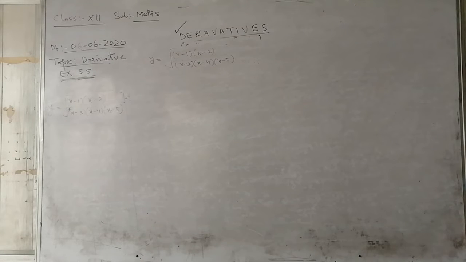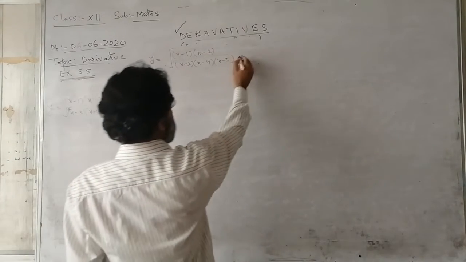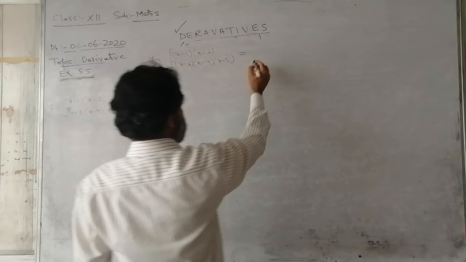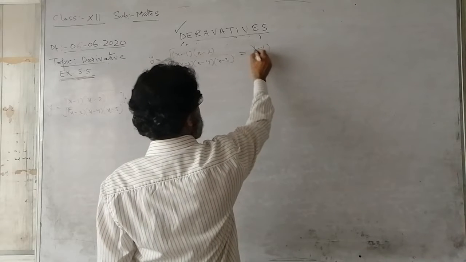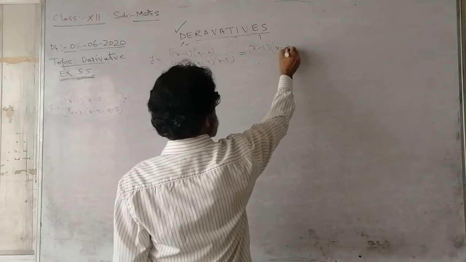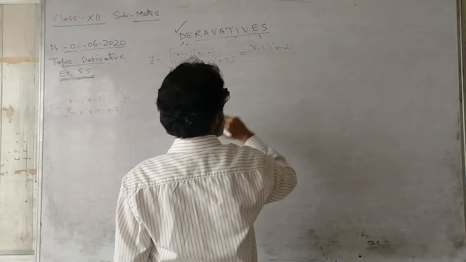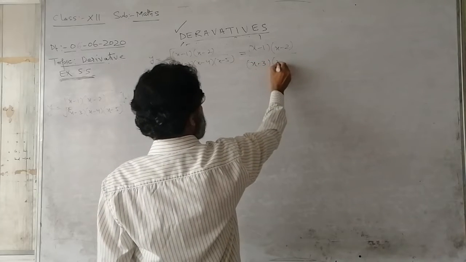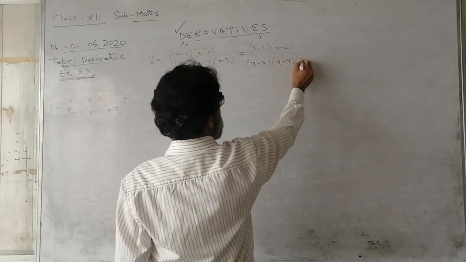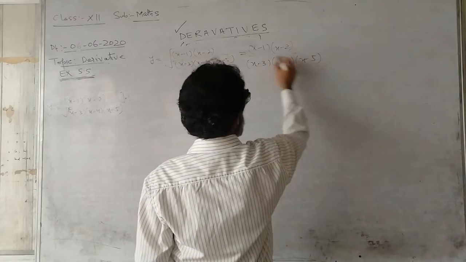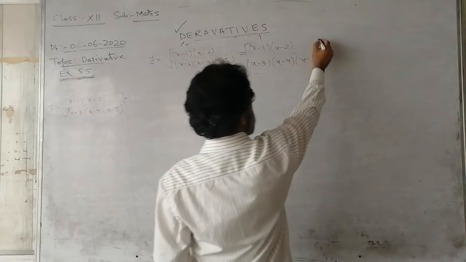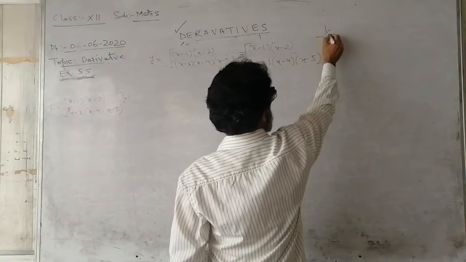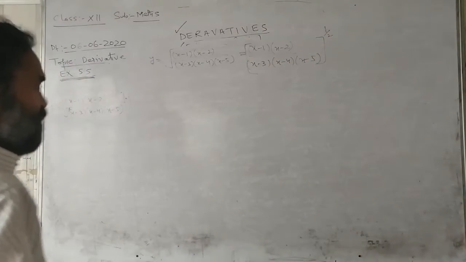So here I can write this as x minus 1, x minus 2 upon x minus 3, x minus 4, x minus 5 whole power 1 upon 2.